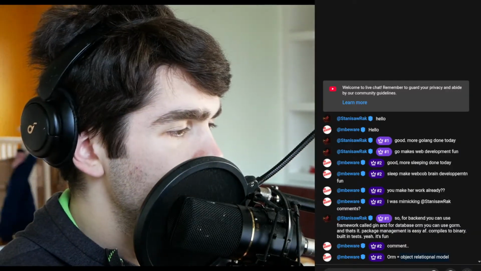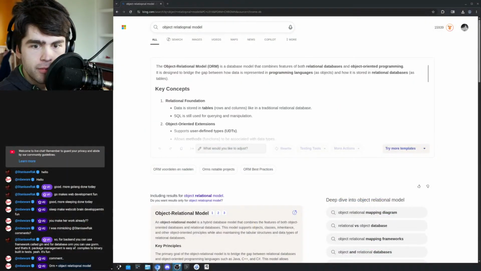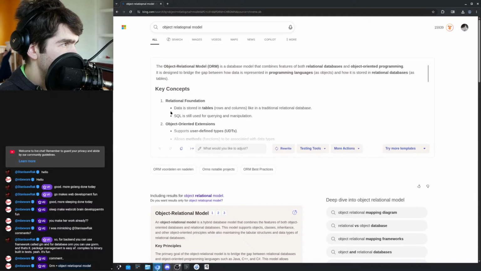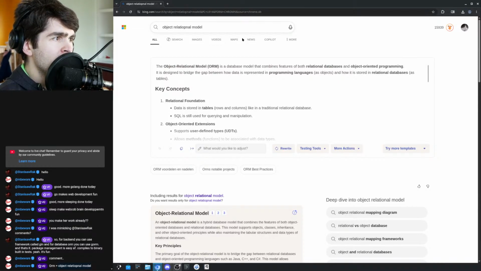Let's get going. The object relational model is a database model that combines features of both relational database and object-oriented programming.